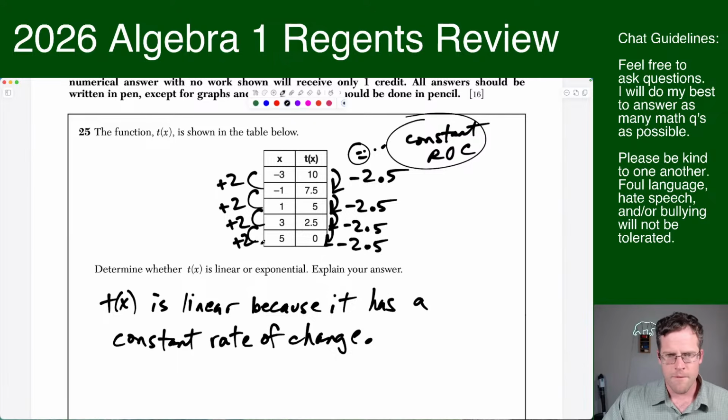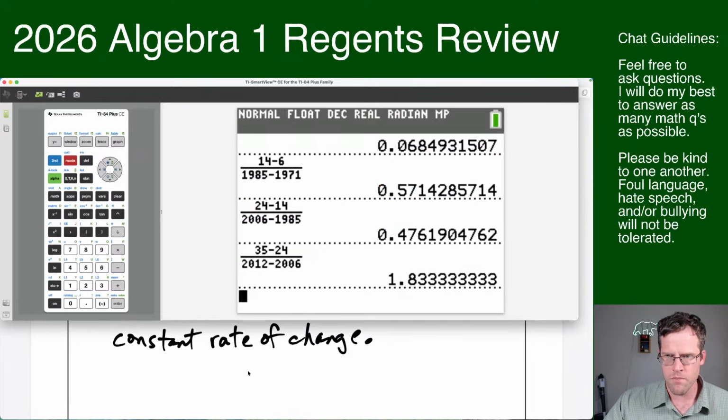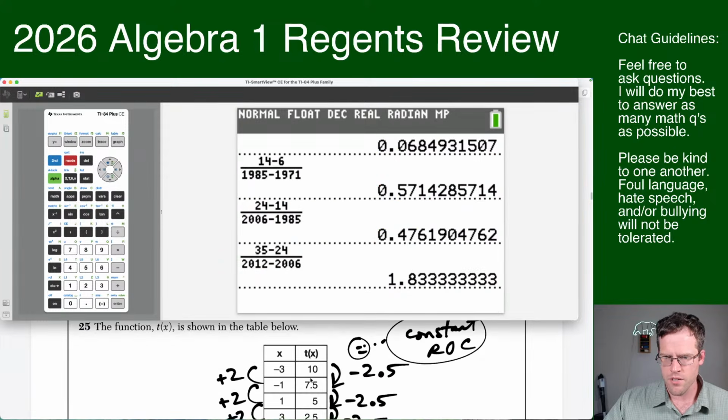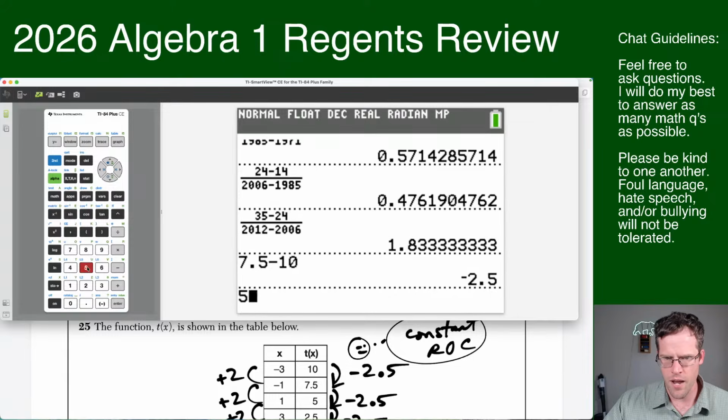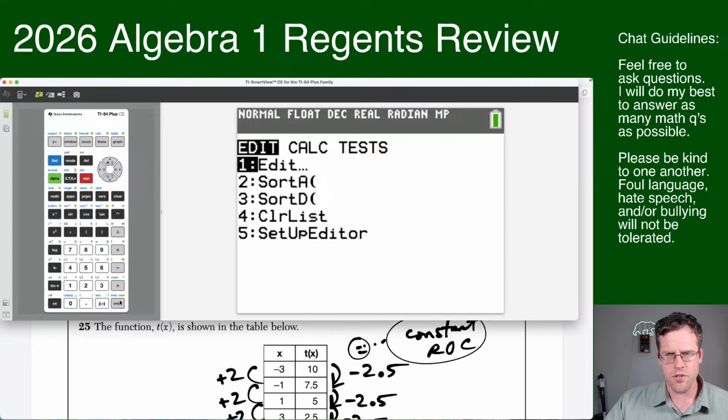How should you know how much it's going down by? For that, you could just subtract. Second mode, back to the main screen, and I just subtract 7.5 minus 10. That is 2.5. If I do 5 minus 7.5, see, I get the same difference each time. You could also do this because you should know this skill too.